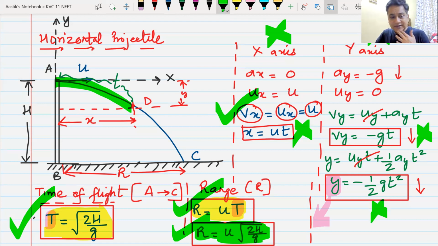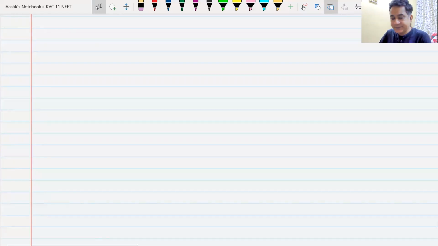Okay. One more thing that you might have to remember, and I'll have you note this down, everyone, is the equation of trajectory for this particle.